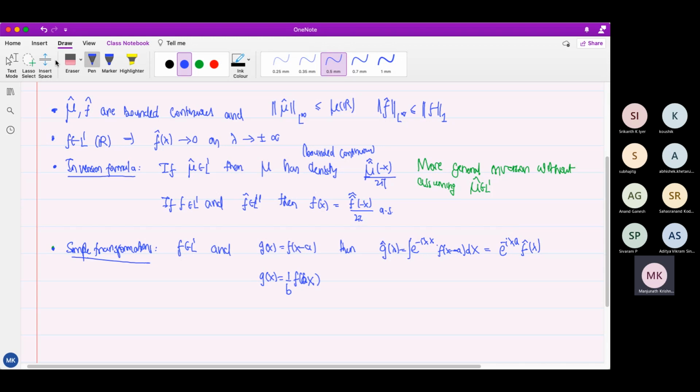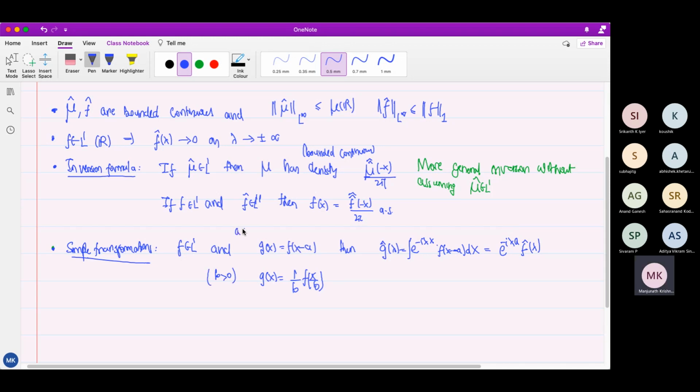Actually, it is better if I write it as f of x by b. Then what should I do to keep the L1 norm the same? g of x dx will be f of x by b dx. So if I have dx by b, that will be better. So this is how I should scale, where b is positive.